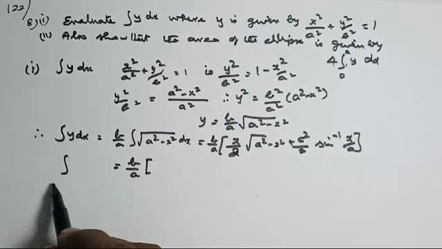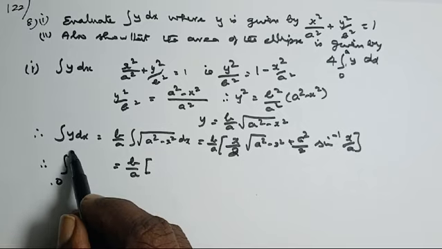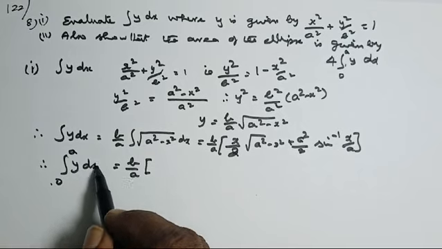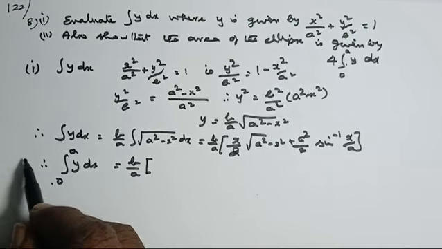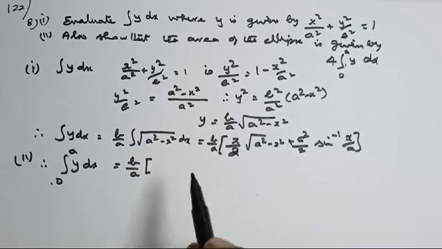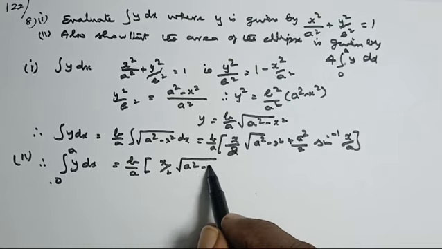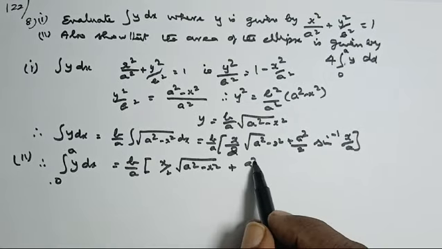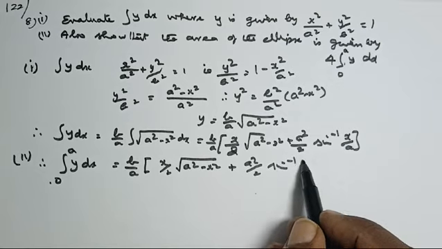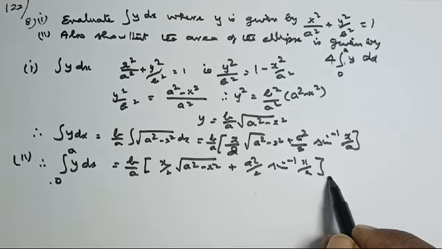Now therefore, integral 0 to a y dx equal to, this is subdivision number 2, b by a, x by 2 root of a squared minus x squared plus a squared by 2 sin inverse x by a. This is limit 0 to a.